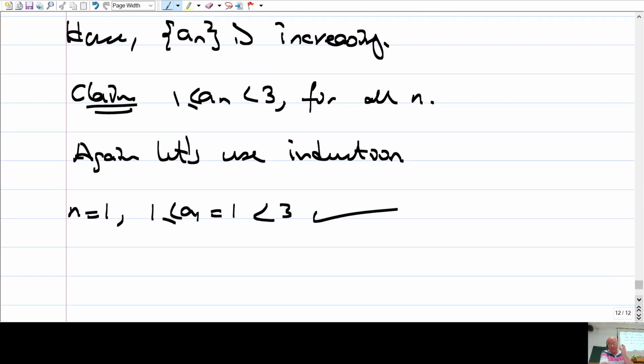For general n, assume an is less than 3 and greater than 1.